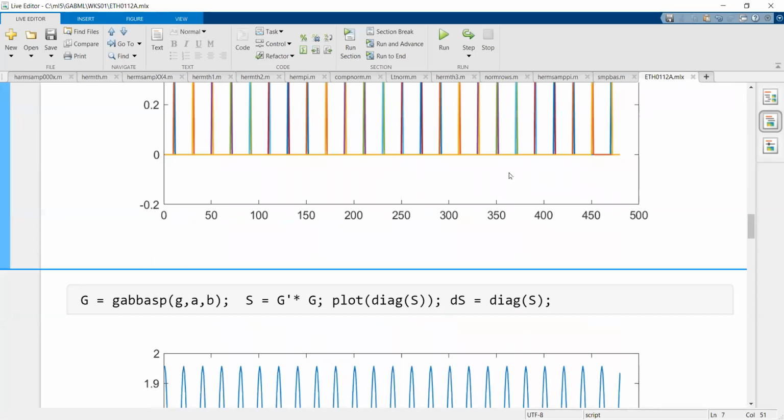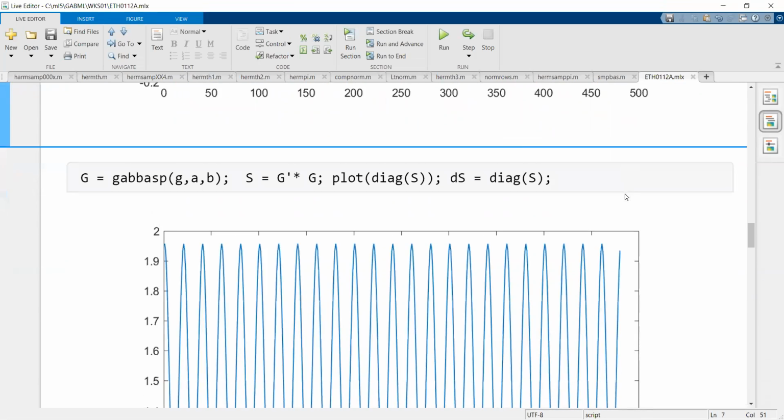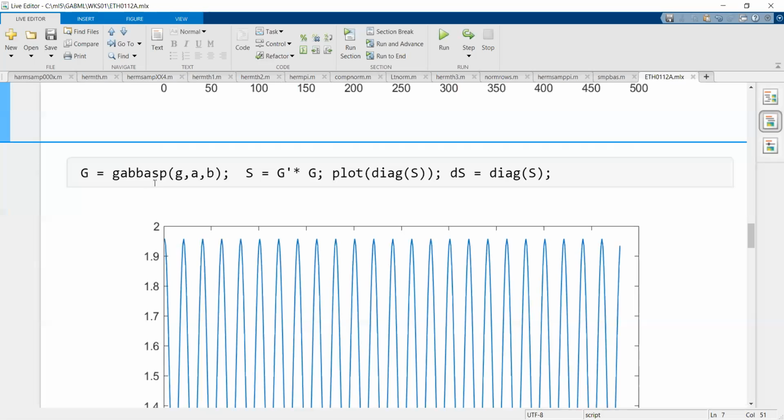Now, another thing that I wanted to show, and I have now prepared it a little bit better, is when we do the Gabor stuff. So a Gabor collection is starting from an atom G, and in this case, G is already prepared to be a discrete Gaussian of length n.